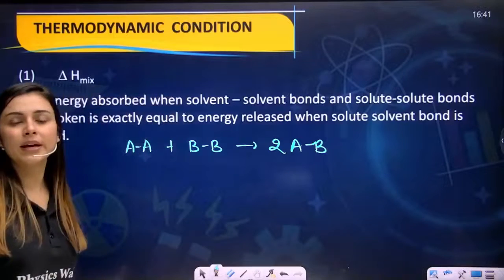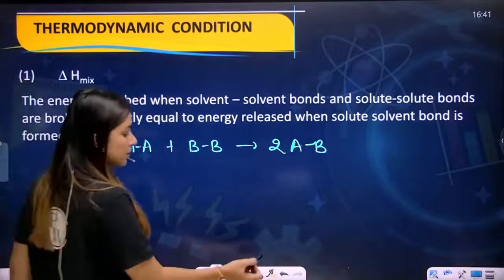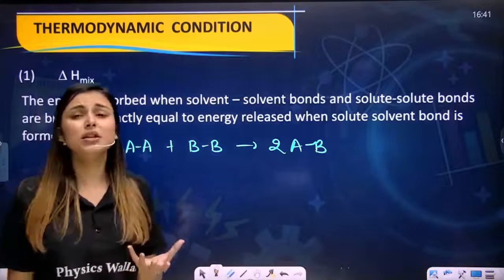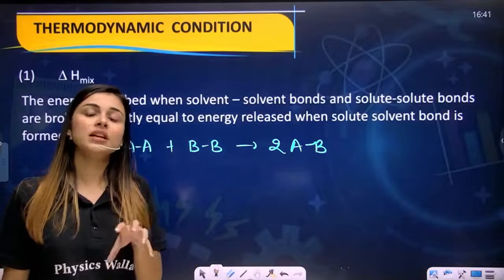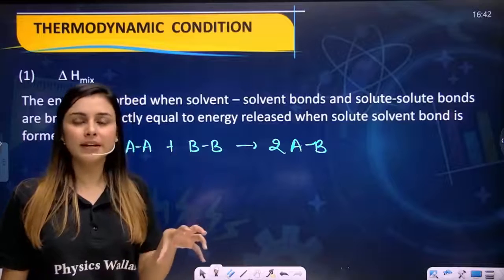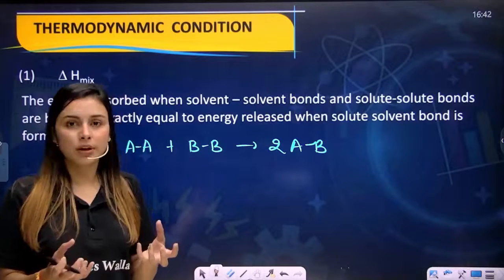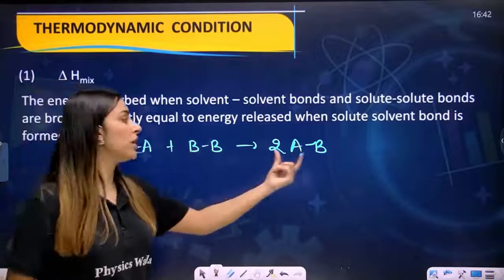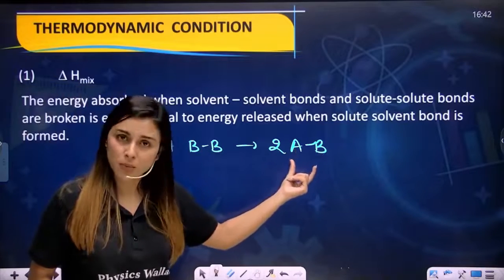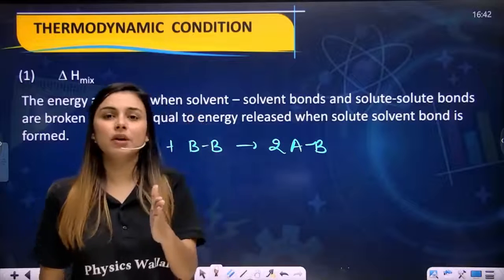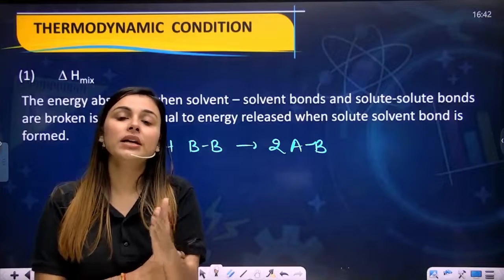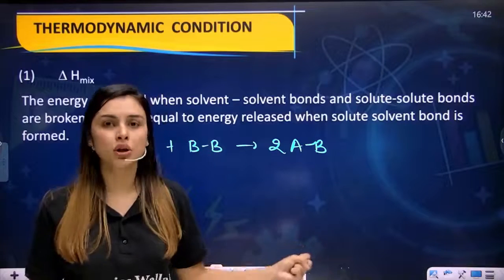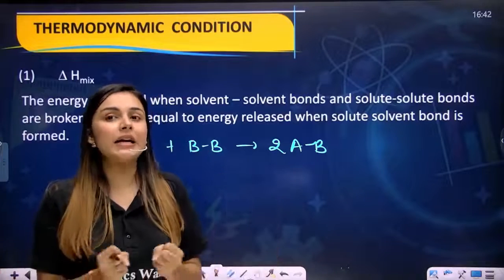You know that for a solution to form, the solute-solute interactions and the solvent-solvent interactions need to be broken, right? You need to break these interactions, only then will AB interaction be formed, right? Whenever a bond or an interaction is broken, you need to provide energy to it.